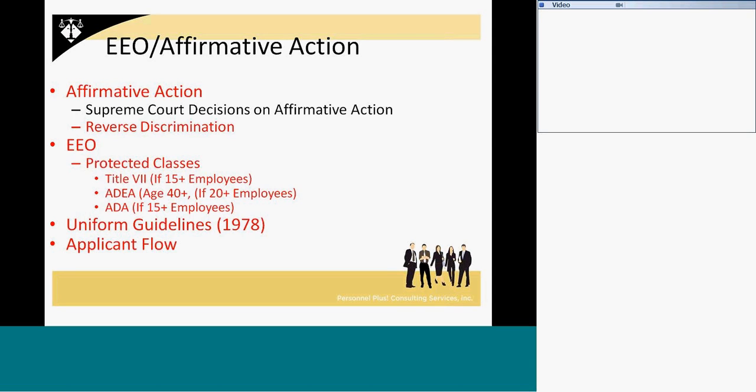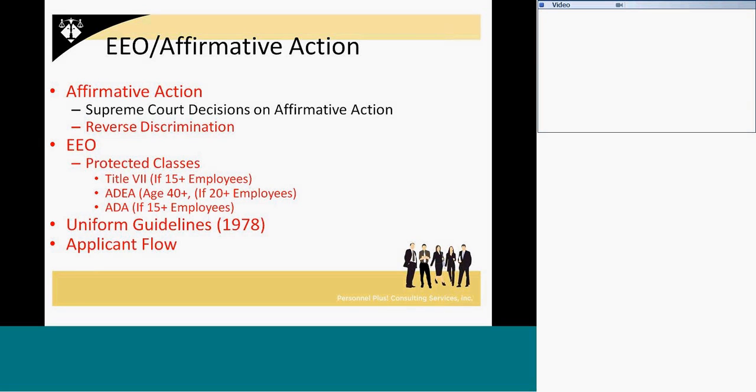Affirmative action would be trying to figure out where they would have been had that weight never been attached to them to begin with. So affirmative action is remedial, and the Supreme Court has weighed in with regard to affirmative action on a number of cases.